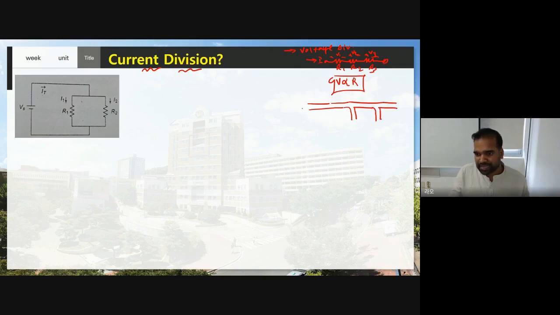The water will go in this direction and also here, and the quantity of water depends on whether it goes to part A or part B. The quantity of water in A or B depends on the valve size. If the valve size is very large, then more water will go to part B. When the valve size is very small, what happens?